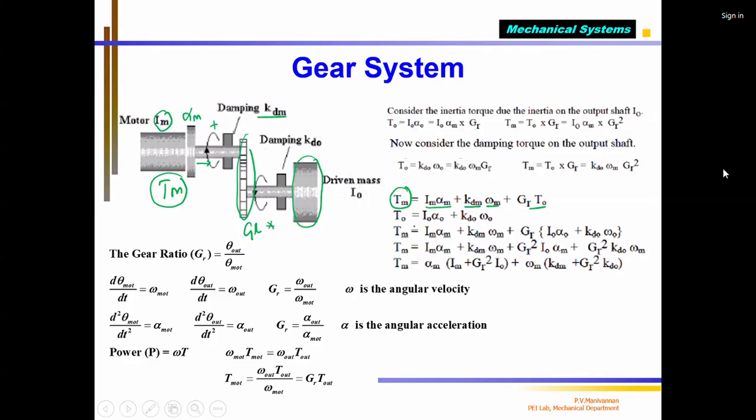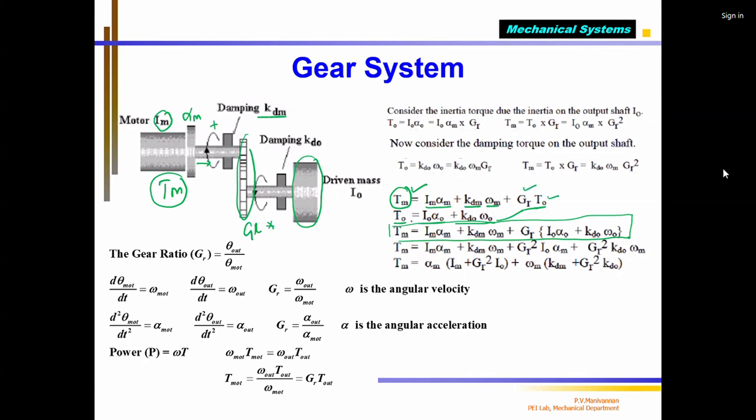Already we know T naught equals I naught into alpha naught plus Kd naught into omega naught. So by substituting this value here, I get this equation. Please see this step by step. Please take the notes. Here I am substituting each and every term, where gear ratio we are keeping.